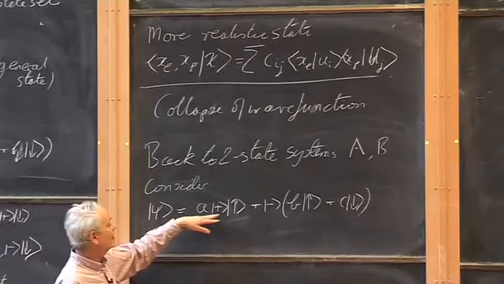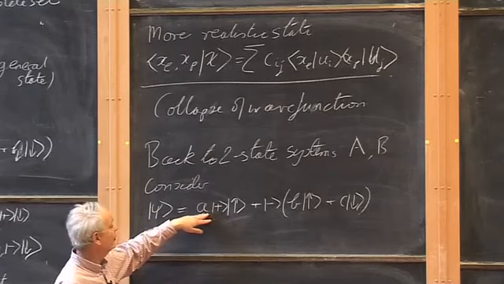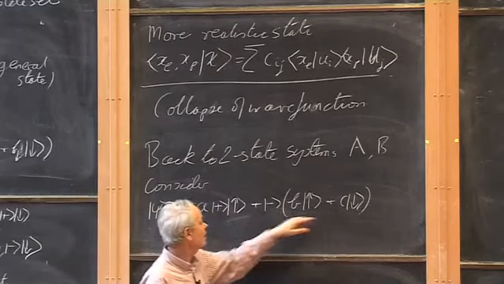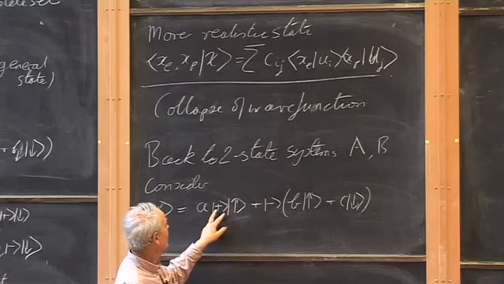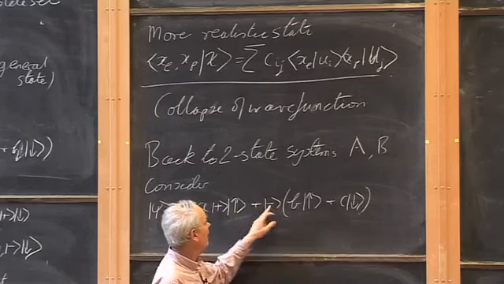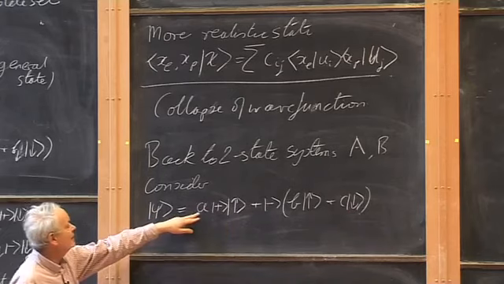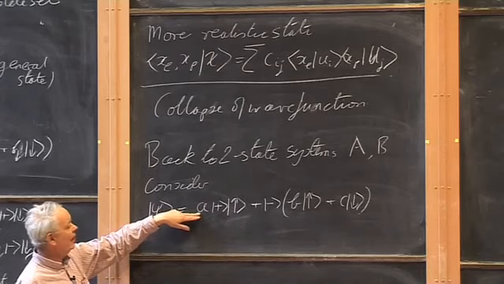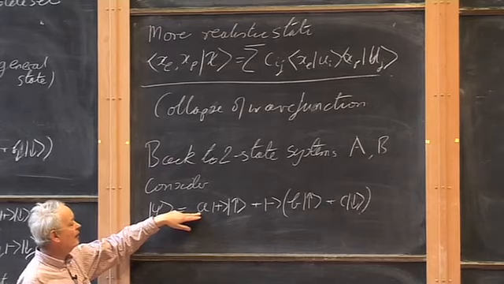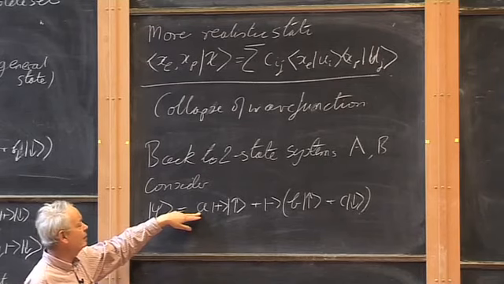It is a well-defined state of the system because it's a sum of 3 of the 4 basis states that we were discussing, right? It's a sum of plus up, and minus up, and minus down. This is the amplitude that if you would measure A and you would measure B, you'd find that A was plus and B was up.